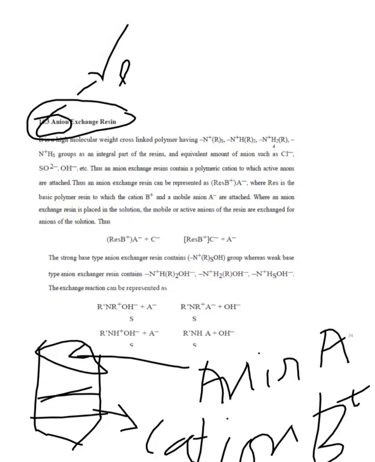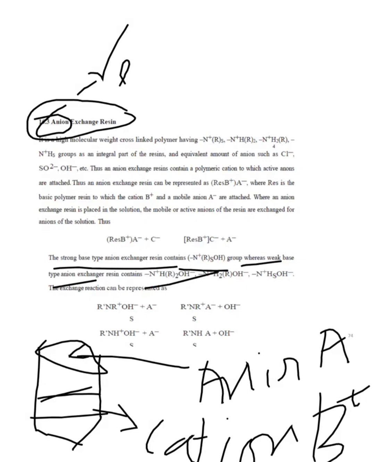Here, the strong base type of anion exchange resin contains a quaternary ammonium group, denoted as R-N plus, and the weak base anion exchange resin contains amine groups.